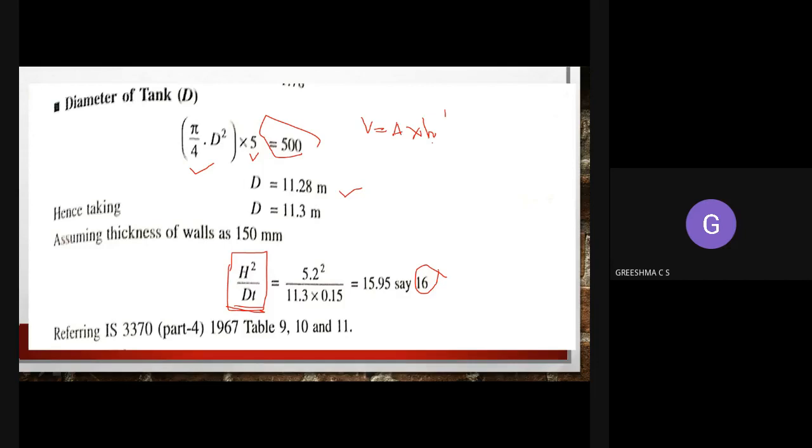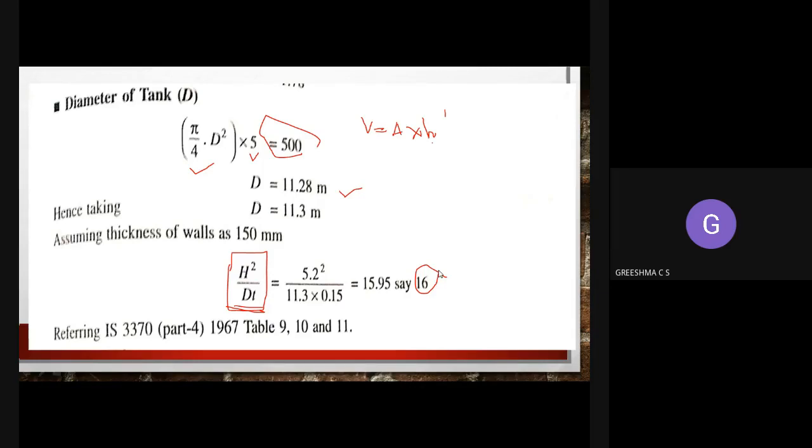So we are going to find out the bending moment coefficient. If you need to find the bending moment coefficient, you need to know the value of h square divided by d into t, which we have found, that is 60. Now take IS 3370 part 4.